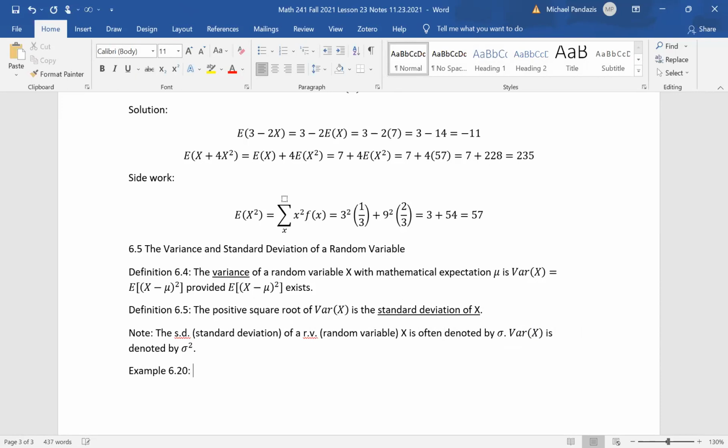Okay. So example 6.20 refers to example 6.1.